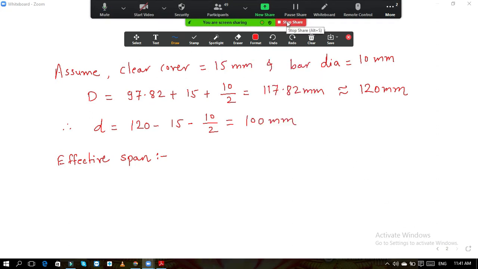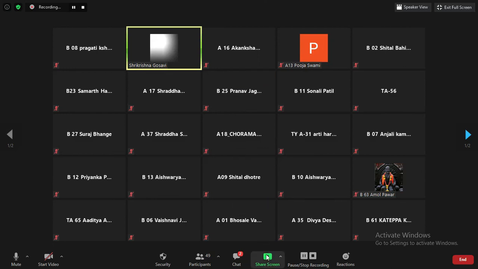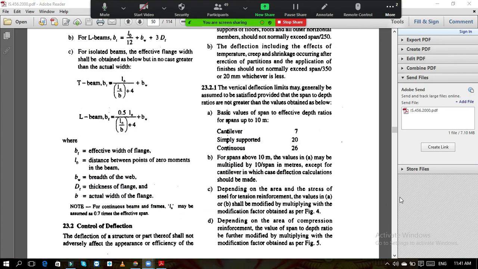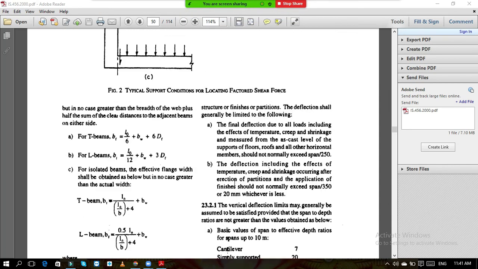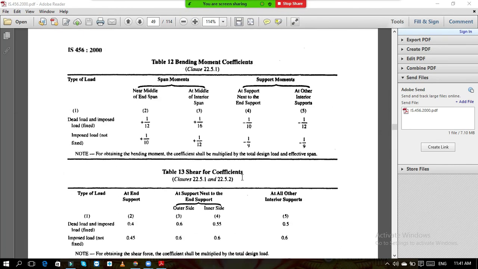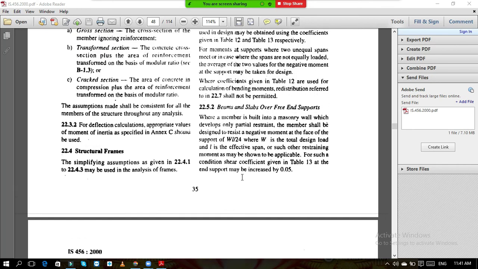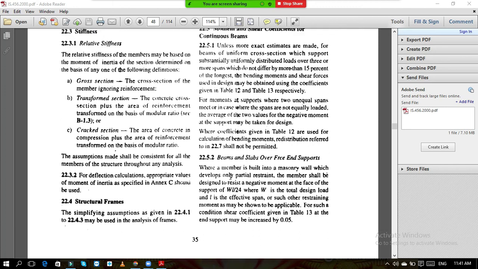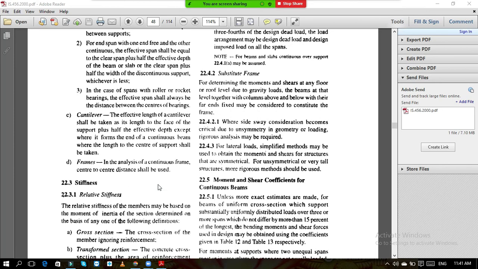So we will move to the IS code. So now go to page number 35. This is page number 35. Okay, and it is given in clause number 22.2.3.